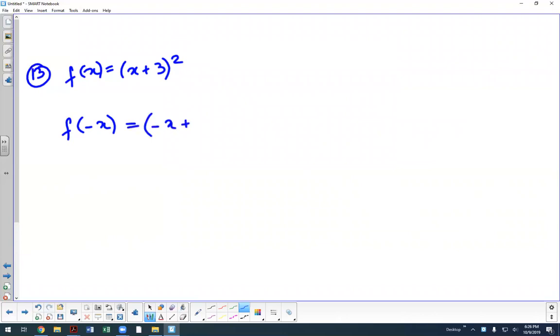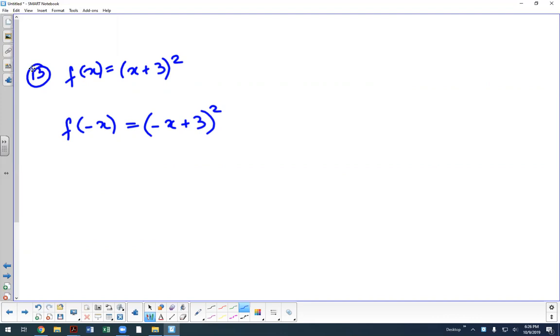Negative x plus 3 squared. What does that tell us? Do we have the original function? Definitely not the original function. Do we have a negative of the original function? Jose, you're changing your answer on me? You are? Okay.